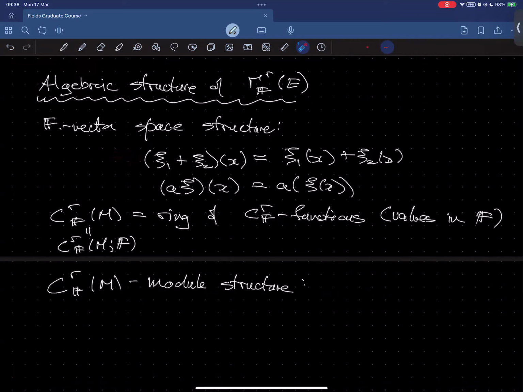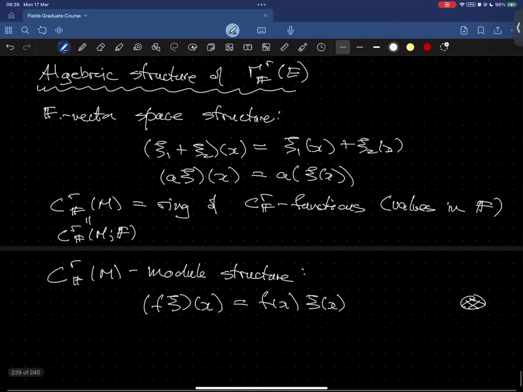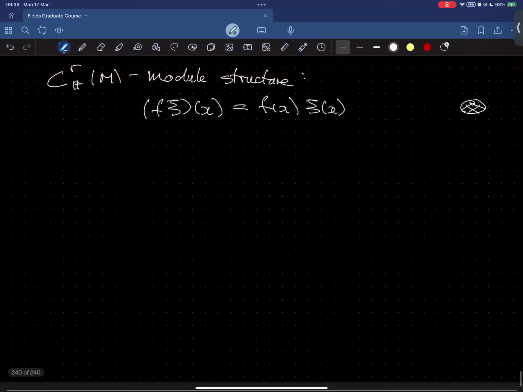And to define the module structure, I need to multiply sections by not just scalars, but functions. And you do that in the obvious way. Once you write down the thing you're trying to define, there's really only one definition for it. So the space of sections has some algebraic structure, and sometimes that can be important. Good. So that's vector bundles.